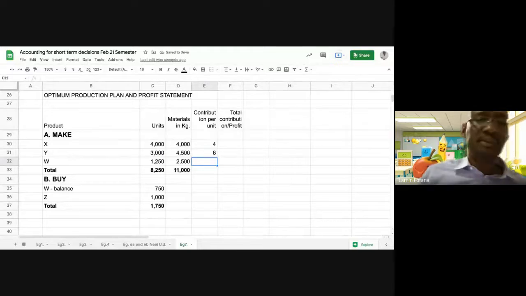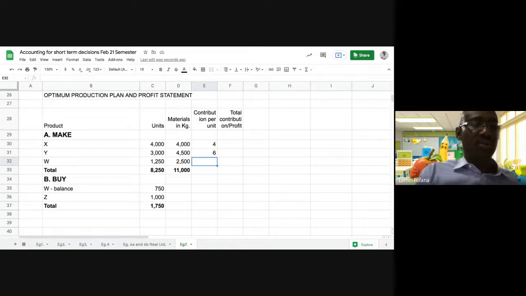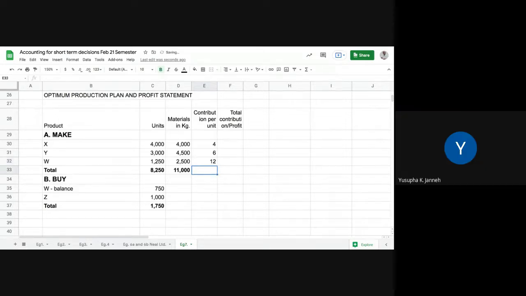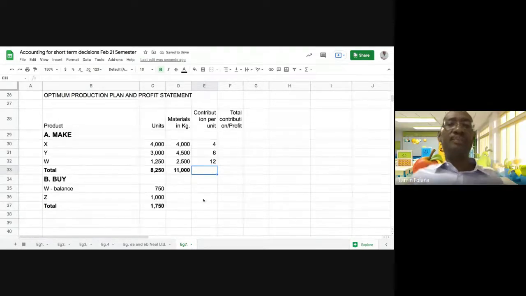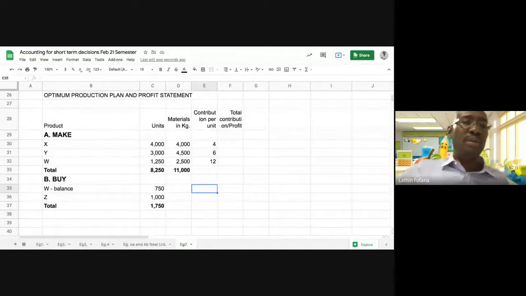W, what's the contribution per unit for W? It's 12. It's also given in the question. Now, before we do our calculation, what will be the contribution per unit for the balance of W and the contribution per unit for Z?